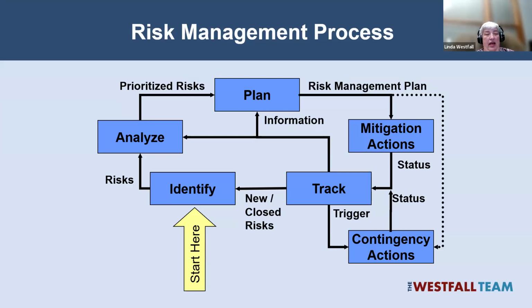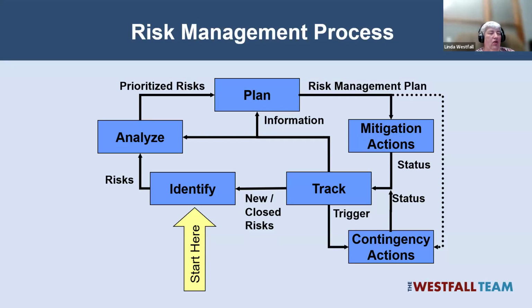Then we're going to be talking about the planning step, because once you've got your risks, you're going to decide what to do to mitigate them. So we're going to talk about various types of mitigation actions, because there's 5 basic ways of mitigating risks. Then once you've got your risk plans, you're going to implement your risk mitigation actions just as part of your project and watch them like a hawk, because over time, you may get additional information.